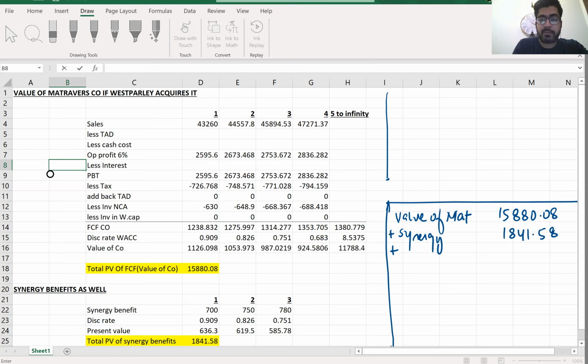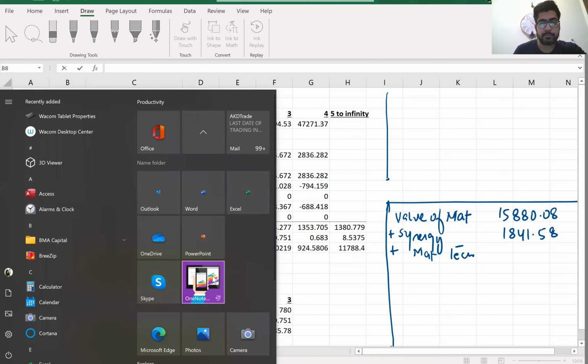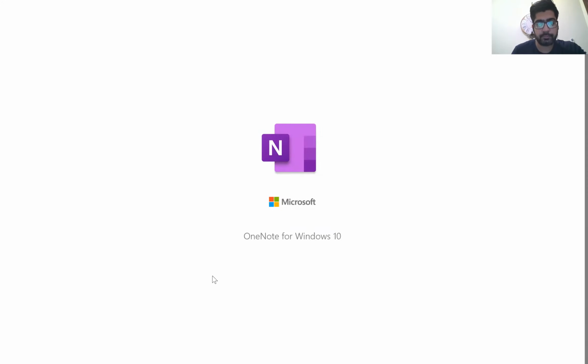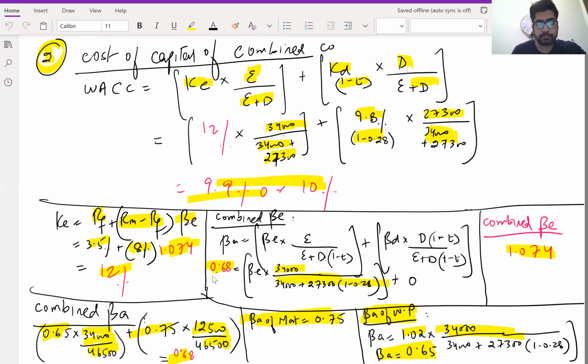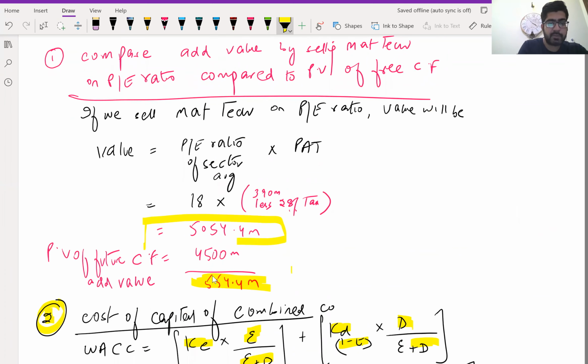Plus if they acquire Matraverse, they will sell Matraverse tech. From there they were getting, just a second, $5054. Remember, this was the value they were selling in, 5054.